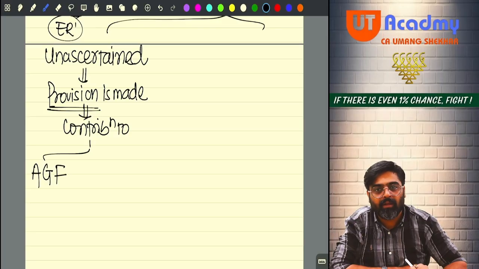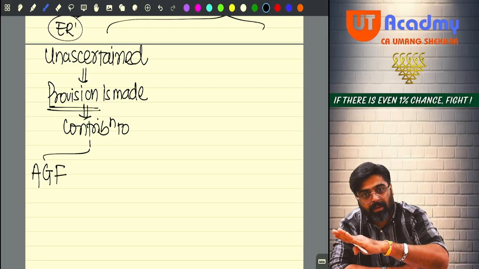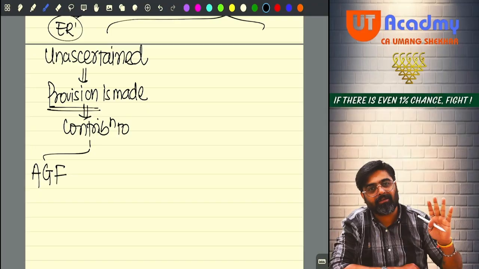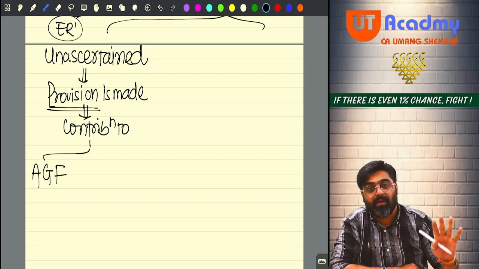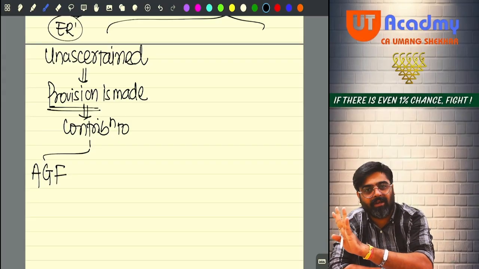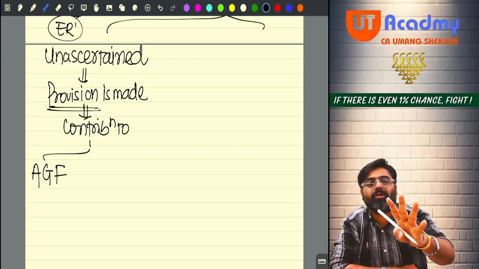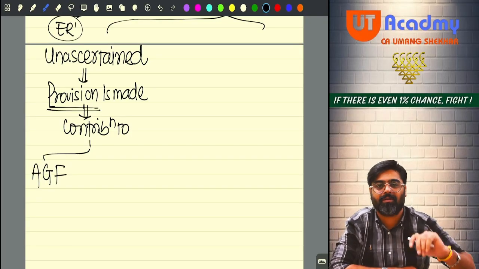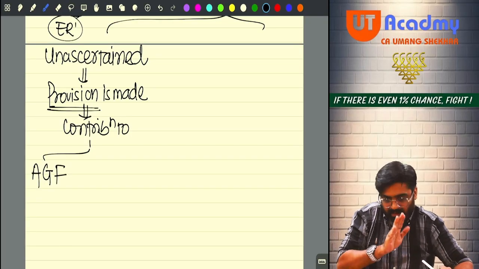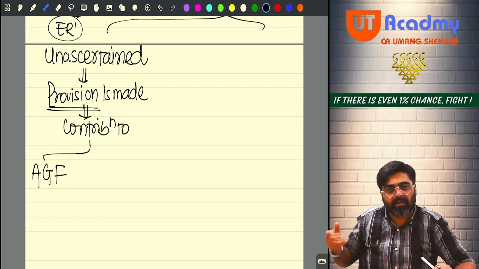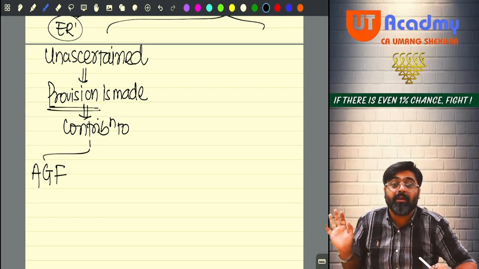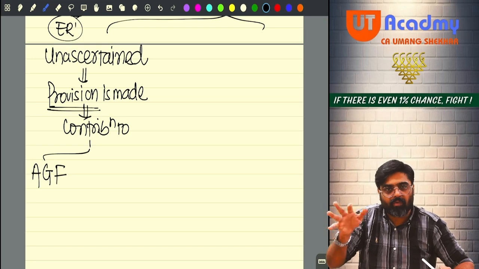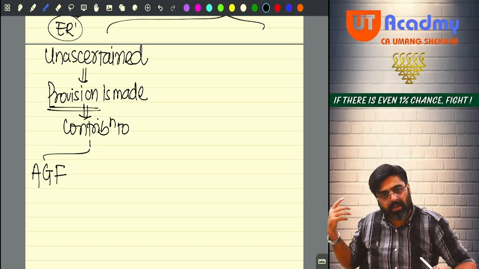Getting my point? So right now, as per income tax law, whatever amount you are keeping aside will be 100% used to pay gratuity in the future. There is no doubt about it. So do one thing: when you contribute, whatever amount you contribute, at that time you take the deduction.